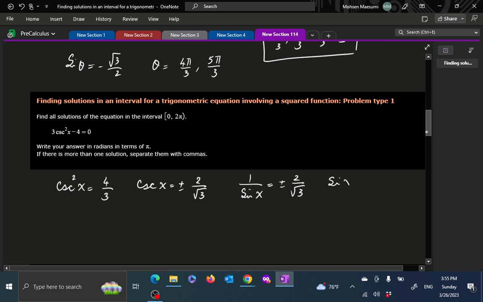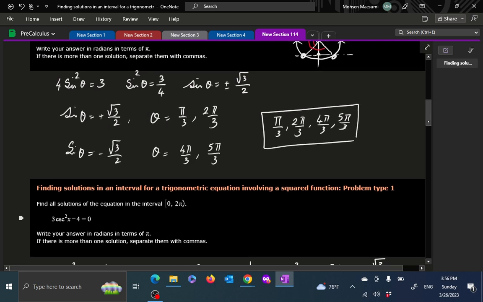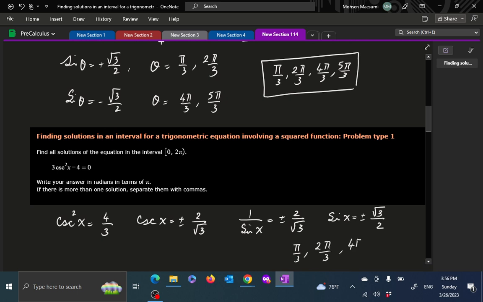Take the reciprocal of both sides, and this becomes plus or minus radical 3 over 2, which is exactly what you had over here. So the same answers apply. Your angles are pi over 3, 2 pi over 3, 4 pi over 3, and 5 pi over 3. I won't repeat that, we just did that.